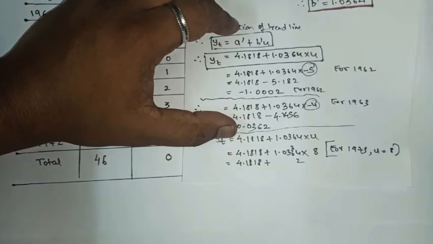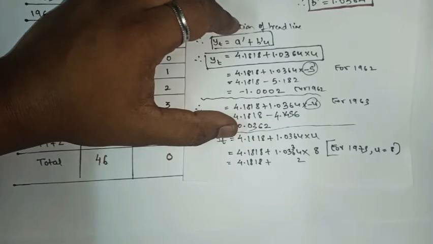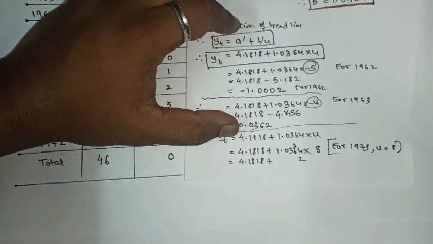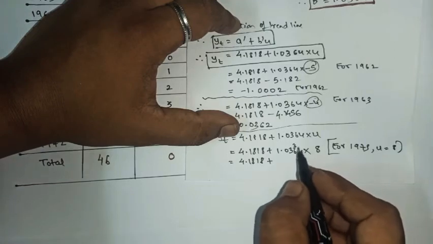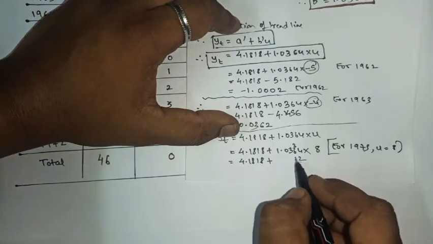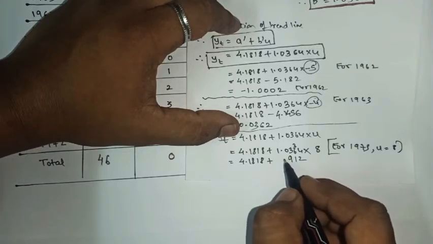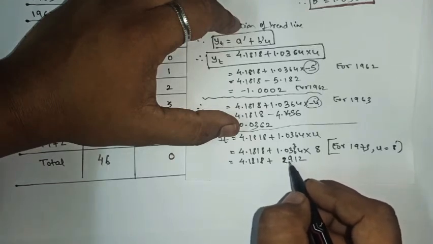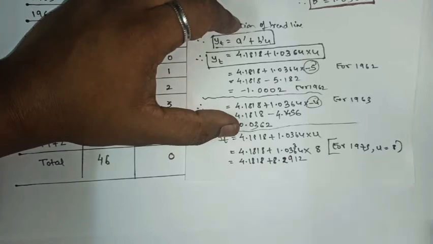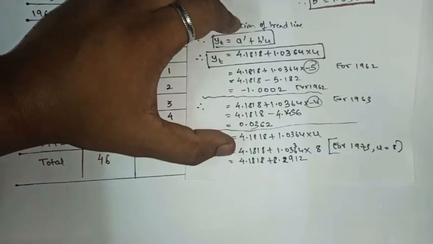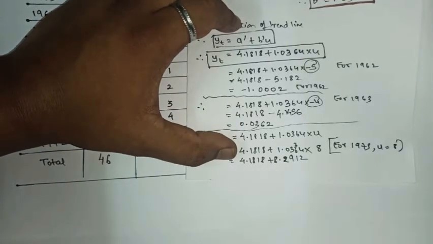Multiply, you will get the answer 32, 48, 49, 50, 21, 24, 25, 26, 29. Okay, 2.8. Then after that add 4.1818.